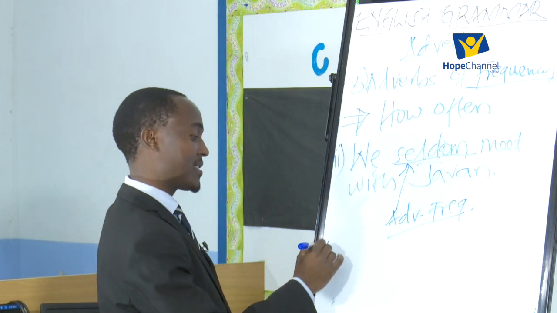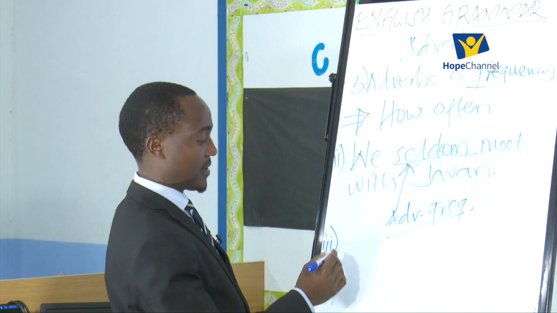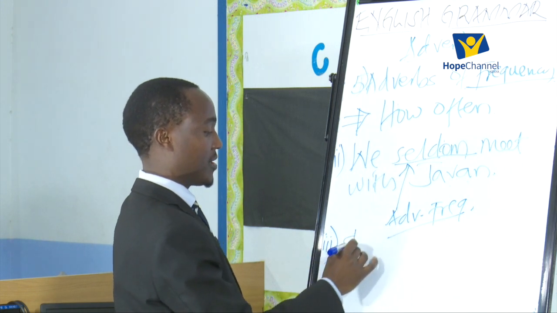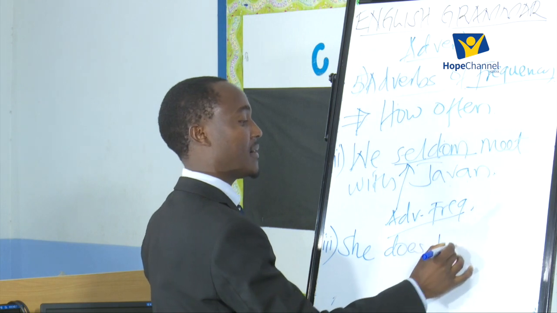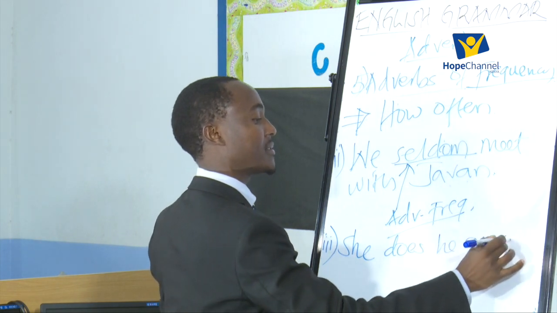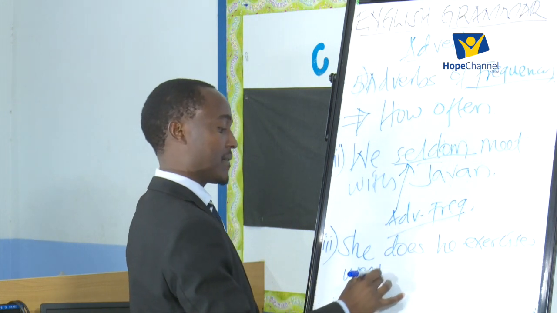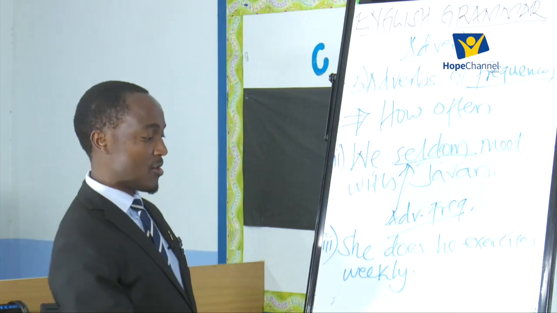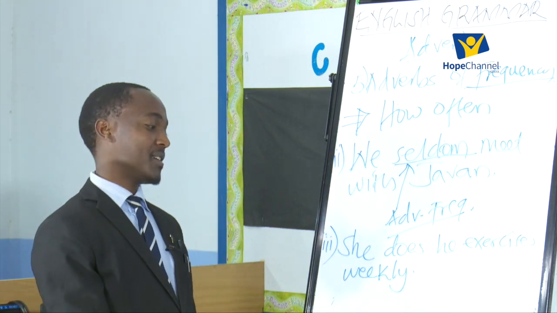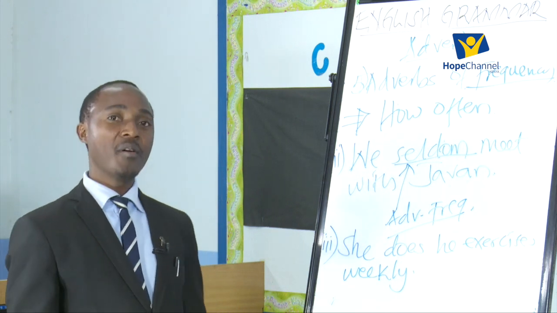A third example in a sentence. She does her exercises weekly. Note that our weekly is double E, not A. If it were A, it would be an adverb of manner.